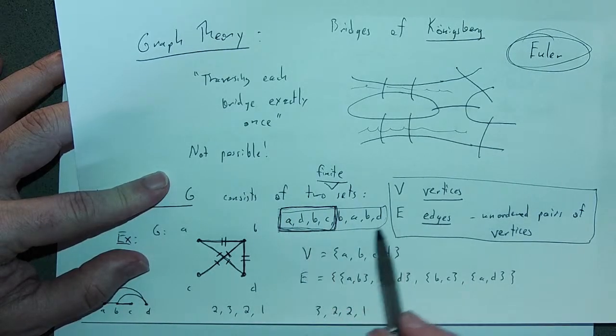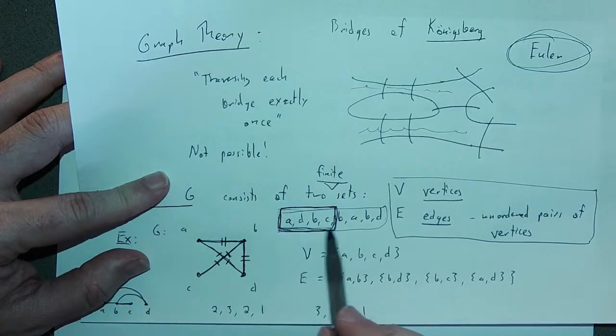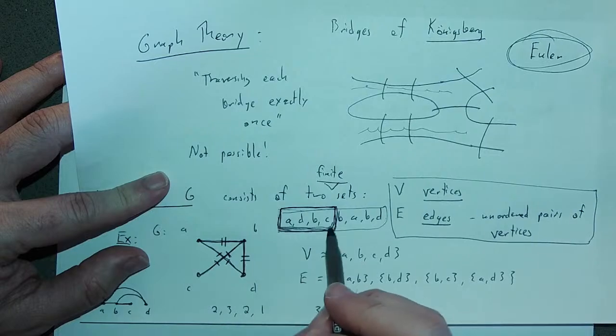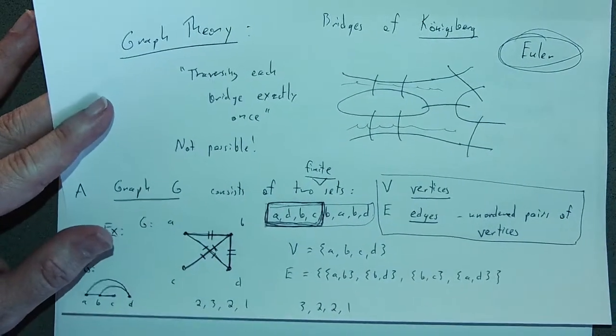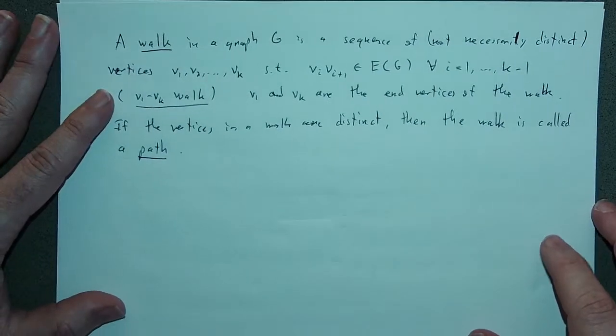So this whole thing is not a path because it has repetitions, but this subwalk here actually is a path. That'll come into play with the next theorem that we prove, but for now, let's do more on this terminology.